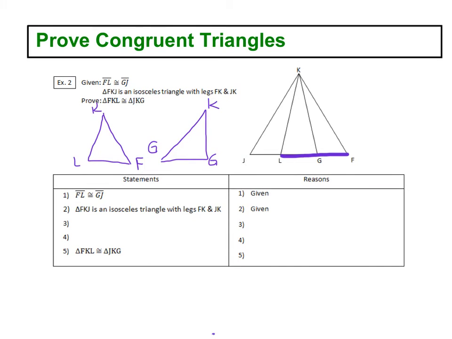That is congruent to, I'll switch colors, GJ right there. Separated out in those separate triangles we drew, here's FL, and here's, I mislabeled that.